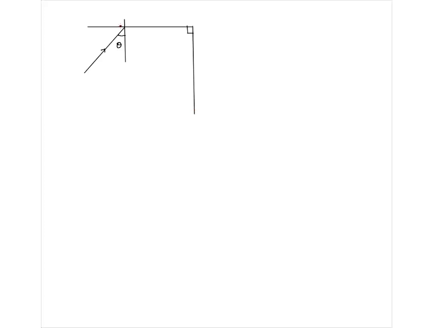So it will bounce two times, here and here. We want the final ray to become parallel to this. So at what value of theta will it be possible? 60, 30, 45, all of the above.